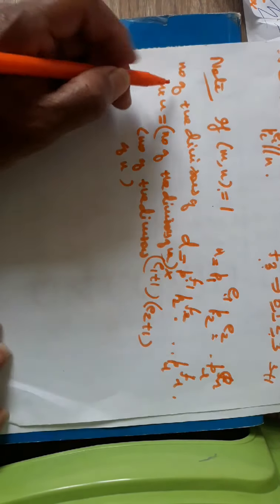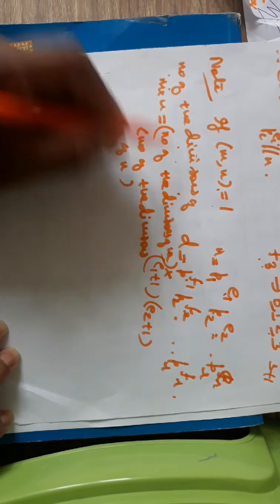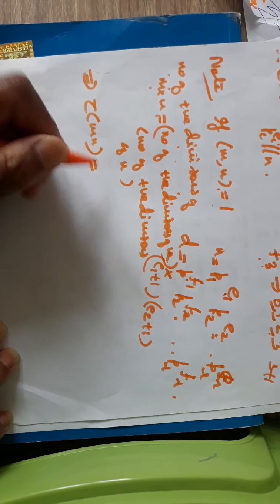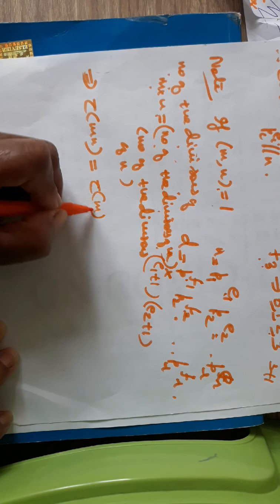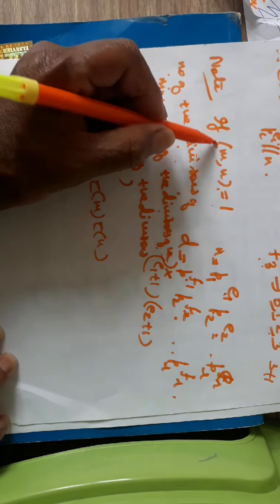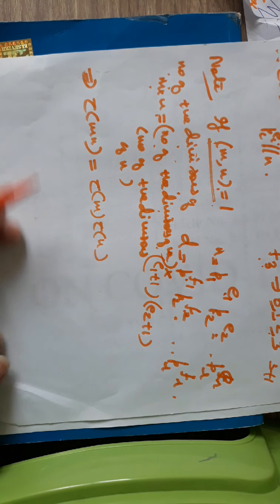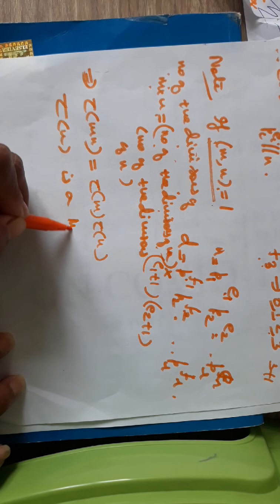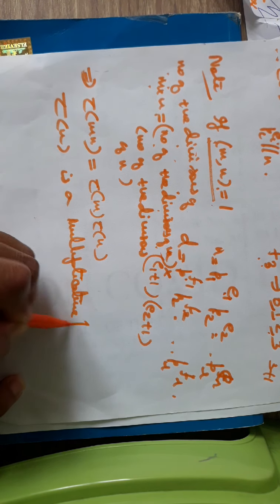So the number of positive divisors of mn is tau of mn according to the definition, and the number of positive divisors of m is tau of m, so tau of mn equals tau of m into tau of n. This is true when the GCD of m and n is equal to 1. So thus we can say that tau of n is a multiplicative function.